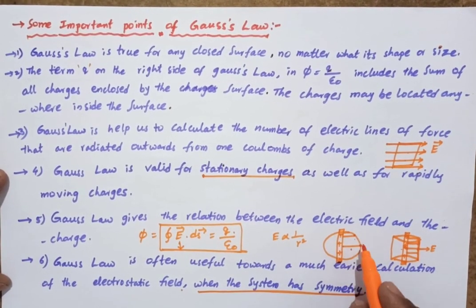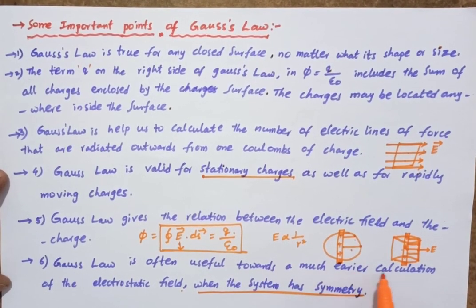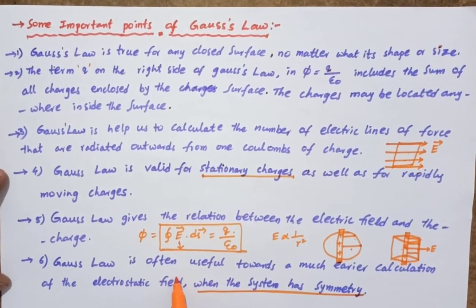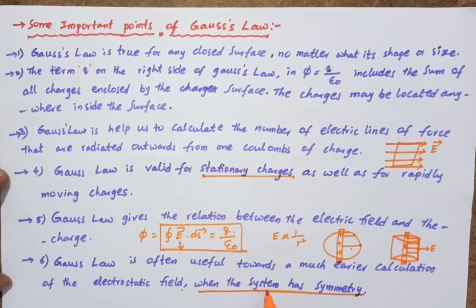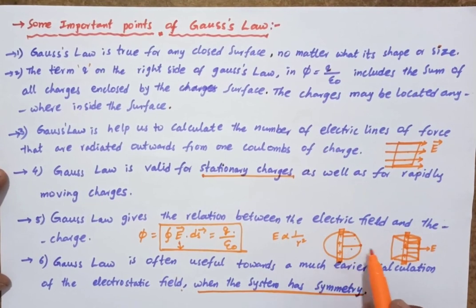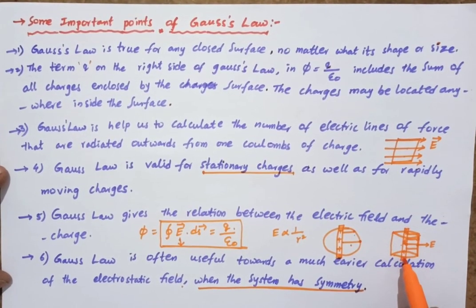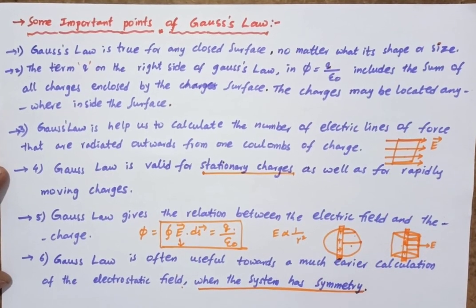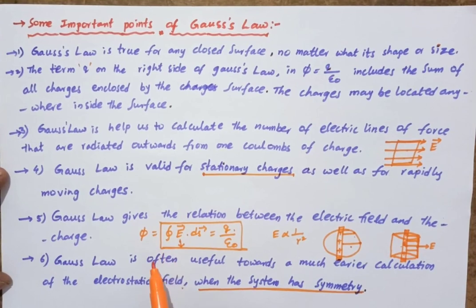It is not symmetry. So the Gauss law is often useful towards a much easier calculation of the electrostatic field when the system has symmetry. Compulsorily, we consider the Gaussian surface for an individual electric conductor that has symmetry. These are some importance of the Gauss law.